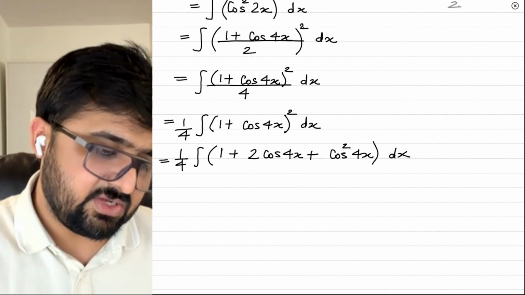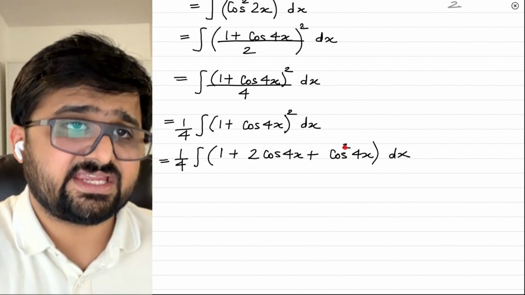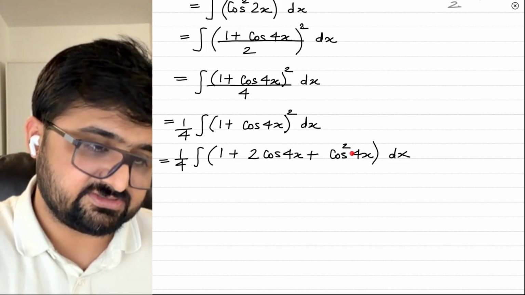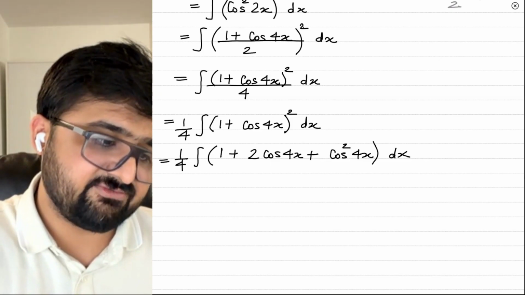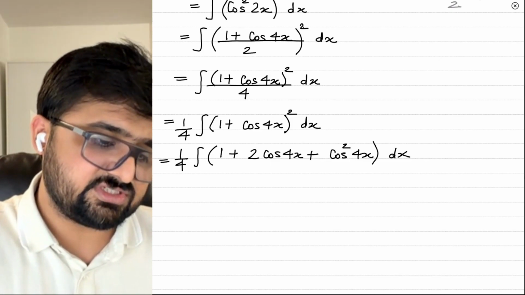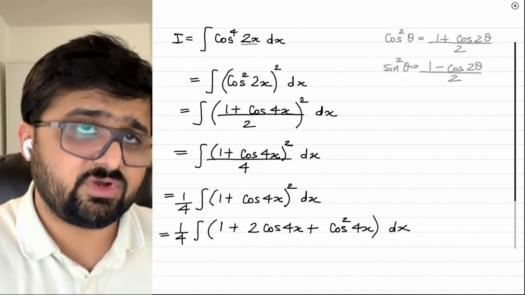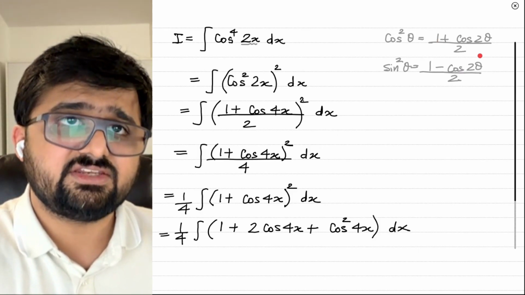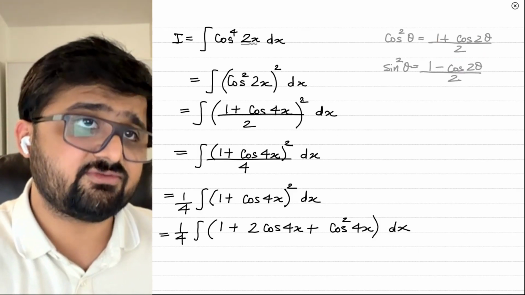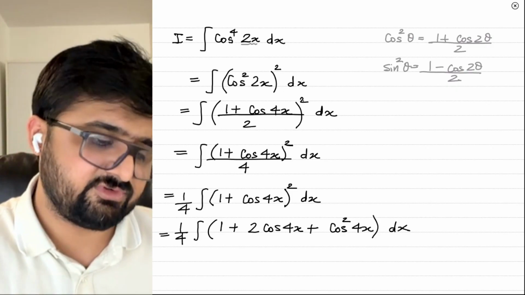Now again it is cos squared 4x. Again it is power 2 in cos. So again we'll have to use the same formula that we used, which was 1 plus cos divided by 2. So again we'll have to convert that power 2 into power 1.